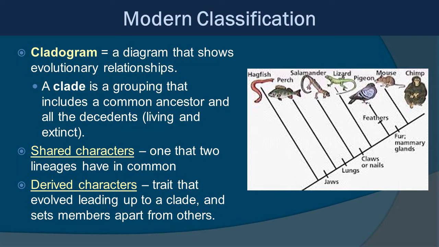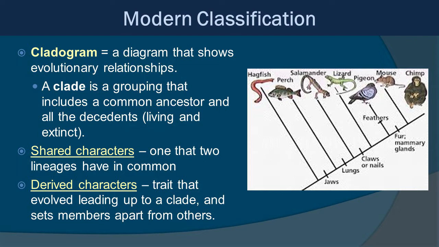Now in terms of shared characters, the two lineages have in common, both of them have fur and mammary glands, right? Now, derived characters would be traits that evolve leading up to a clade, meaning the claws, nails, lungs, and jaws, which both the mouse and the chimp have, but so do other animals leading up to that clade that is the chimp and the mouse.